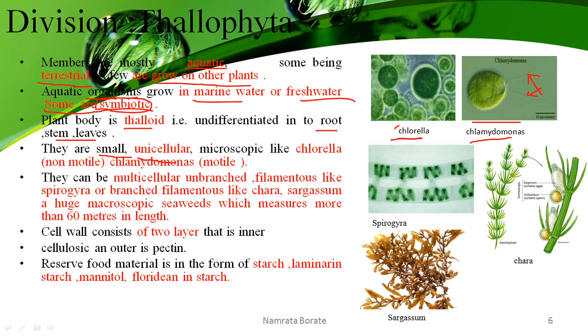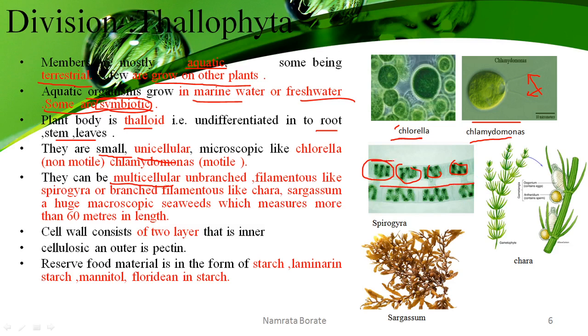Some organisms are multicellular, meaning they consist of many cells. That is, this one is a single cell, then second, third, fourth; there is a presence of many cells. So it's multicellular and unbranched.